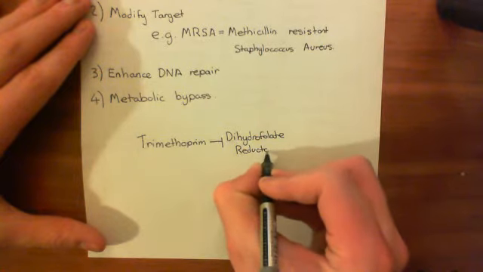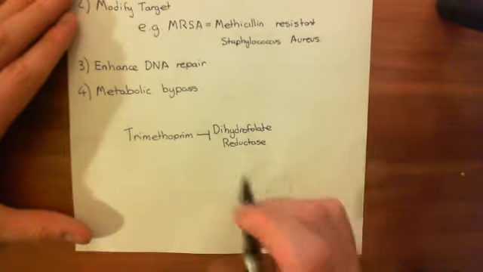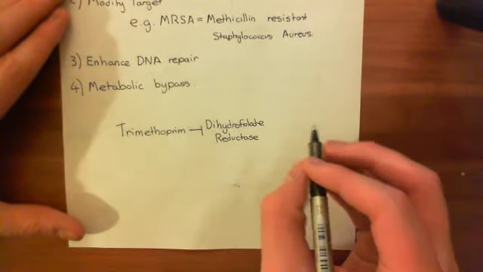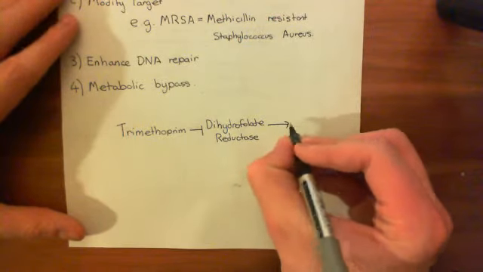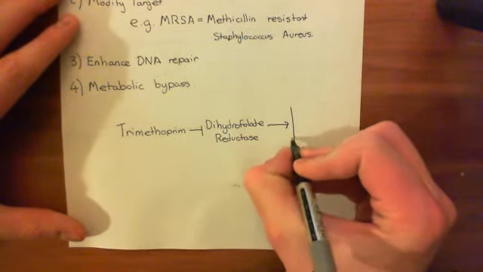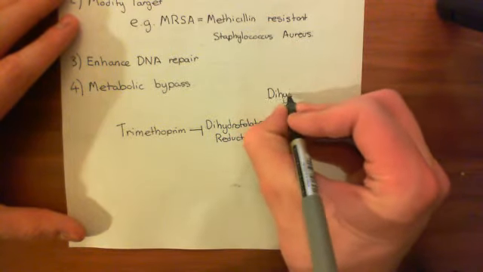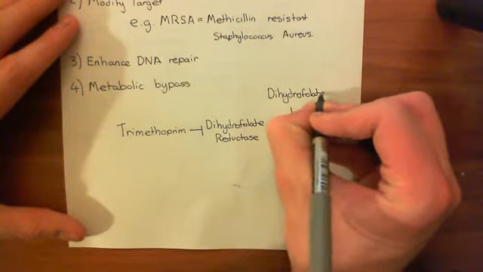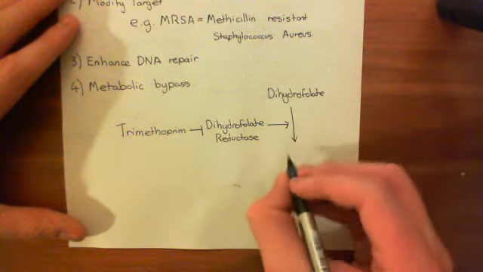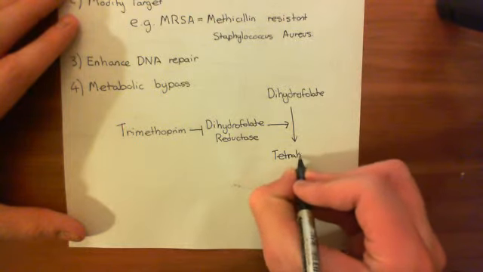It does not inhibit the human one, which is very, very convenient because this enzyme is very important. So dihydrofolate reductase catalyzes a reaction, basically, and the reaction it catalyzes is the conversion of dihydrofolate into tetrahydrofolate. Okay, so this dihydrofolate reductase enzyme converts dihydrofolate into tetrahydrofolate.